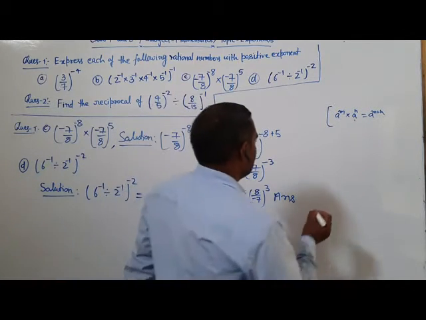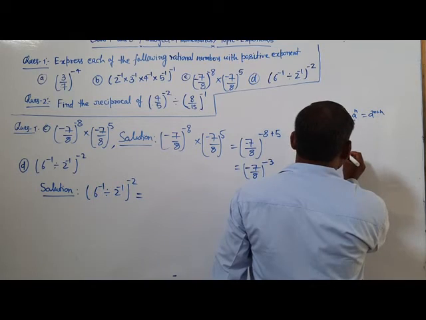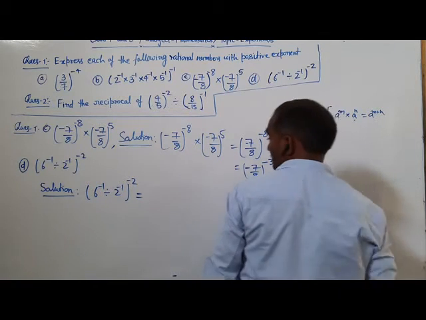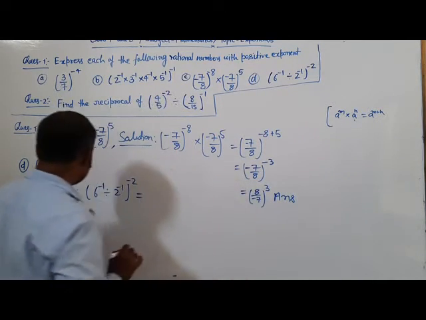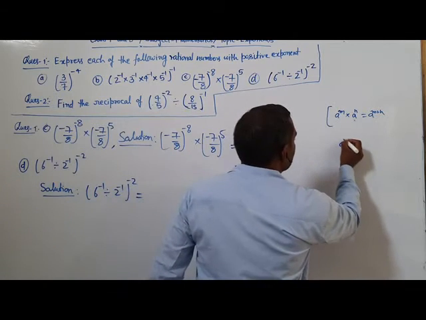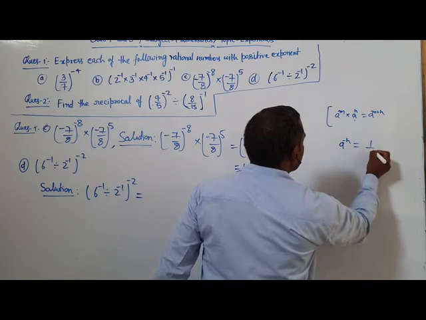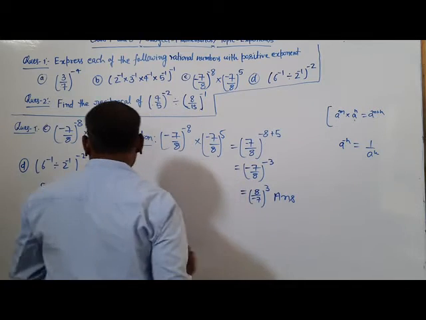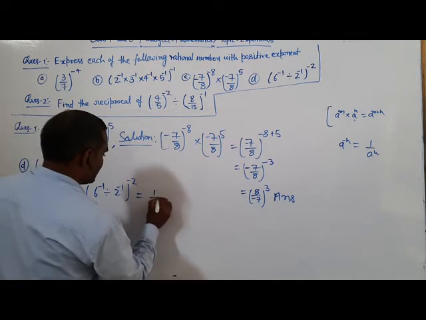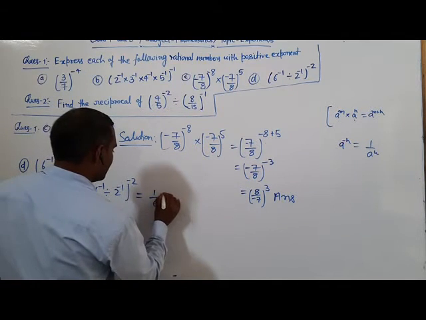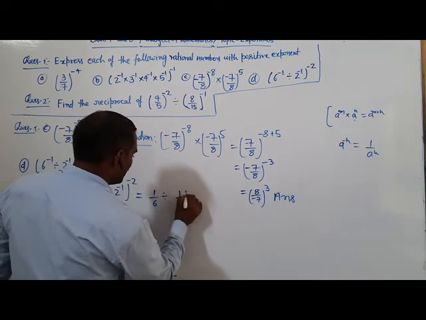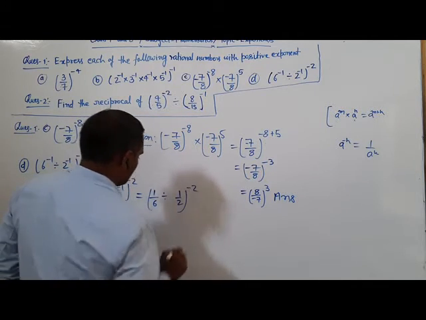We know that if the power is negative, a^-n is equal to 1 by a^n. So convert it: (1/6 divided by 1/2)^-2.